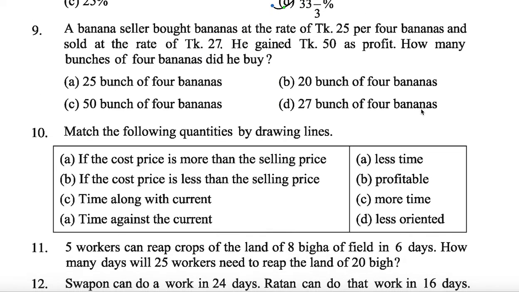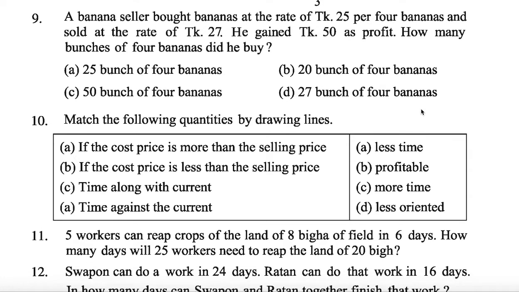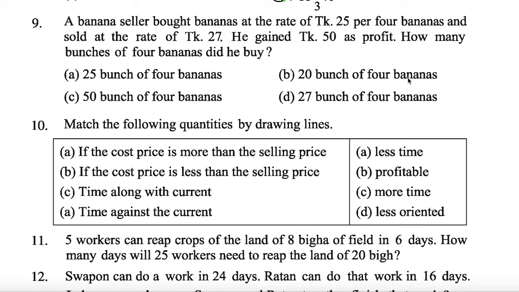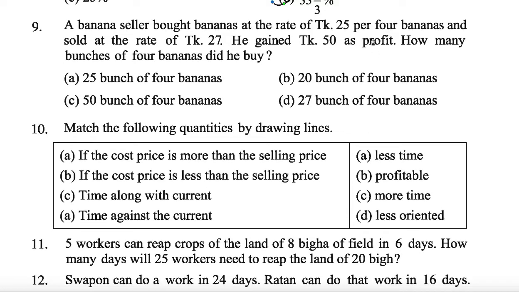A banana seller bought bananas at the rate of taka 25 per 4 bananas and sold at the rate of 27. He gained 50 as profit. How many bunches of 4 bananas did he buy? Okay, we need to formulate it, right?